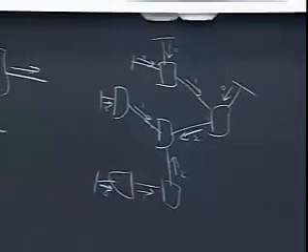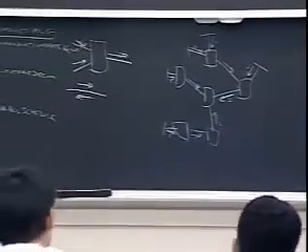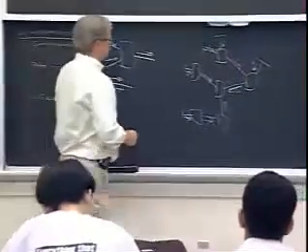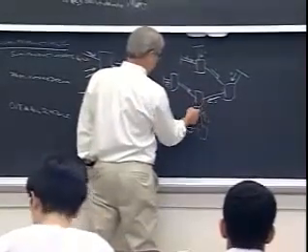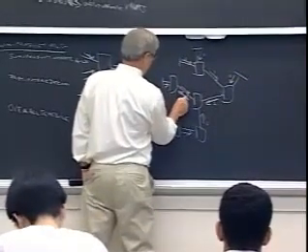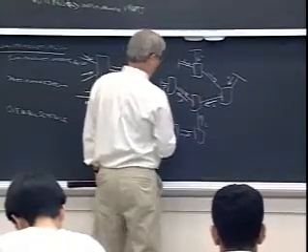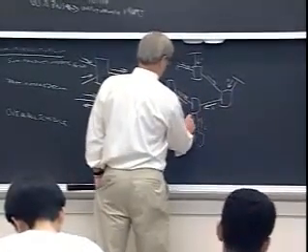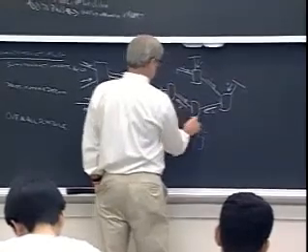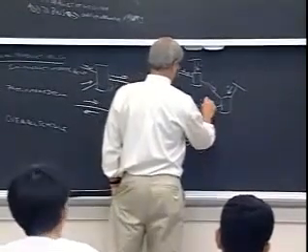Okay. Now I'm at time 3. What can I compute? At time 3, I now have 2 inputs coming in here. I can compute this output. From these 2 inputs, I can compute this output at time 3. And from these 2, I can compute this outgoing message at time 3.